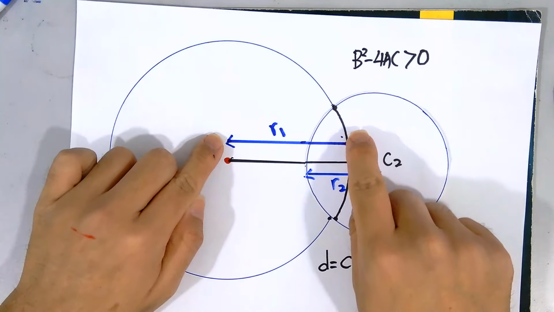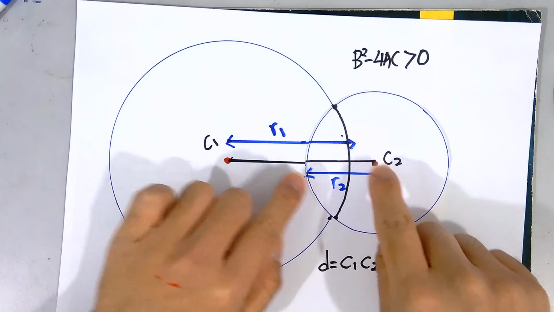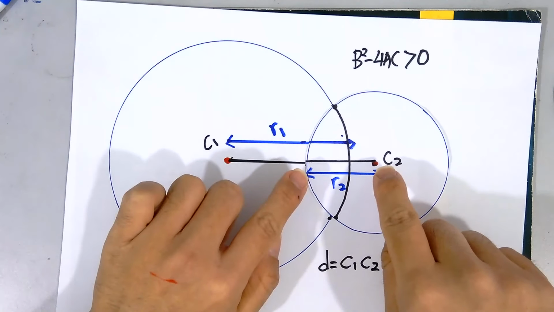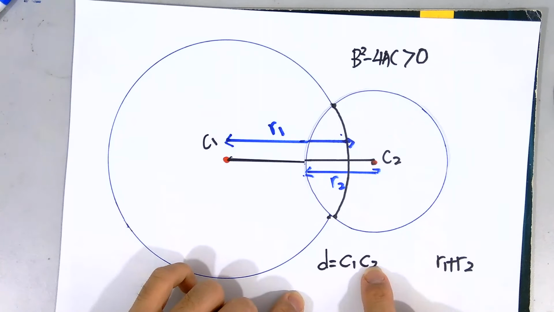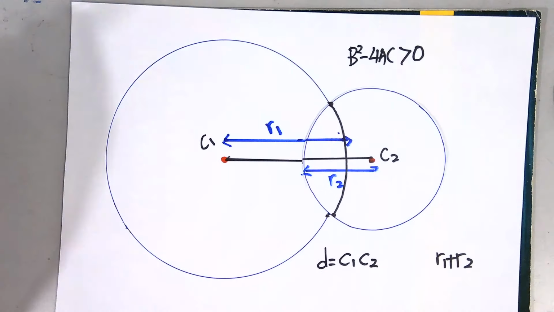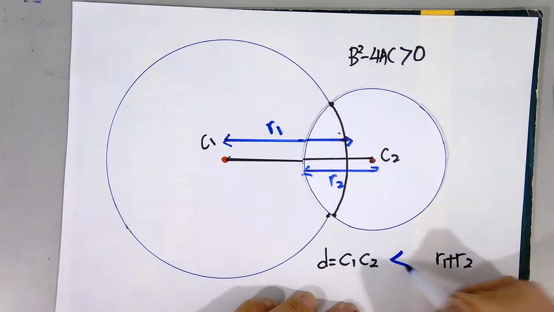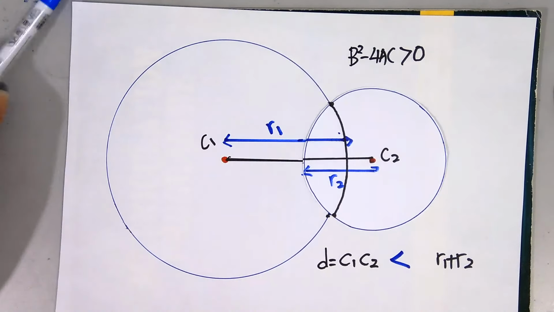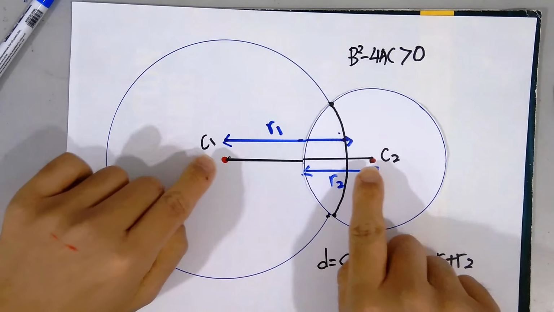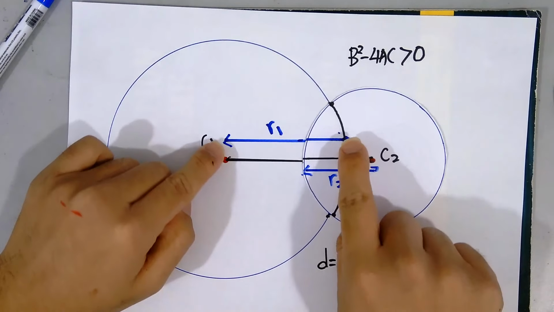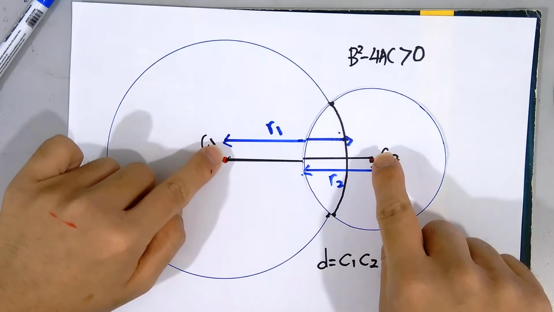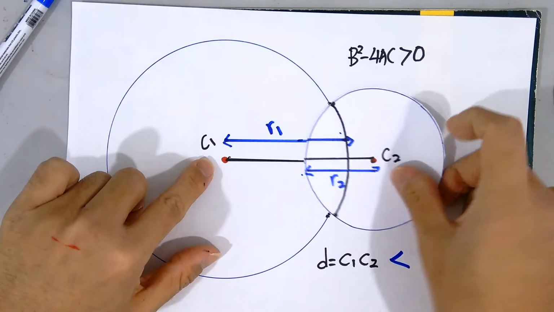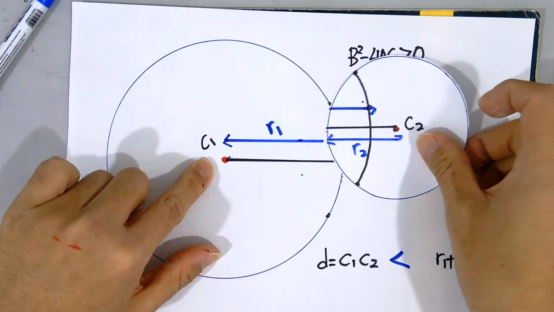R1 plus R2 must be larger than C1C2. Or I can say that C1C2 is less than R1 plus R2, the sum of the two radii. Because if you take R1 plus R2, it is definitely longer than C1C2.